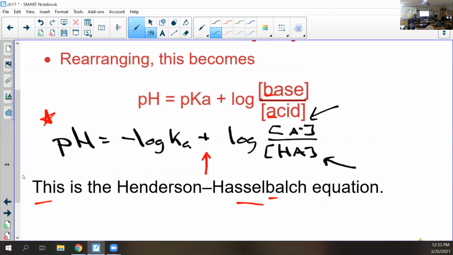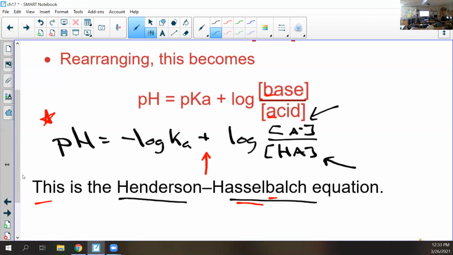I always memorize base over acid because I want you to remember the following term. Henderson-Hasselbalch is a bad A. Now, what I really want you to remember is David Hasselhoff is a bad A. Who knows David Hasselhoff? Anybody? The old man on Baywatch, from Knight Rider.